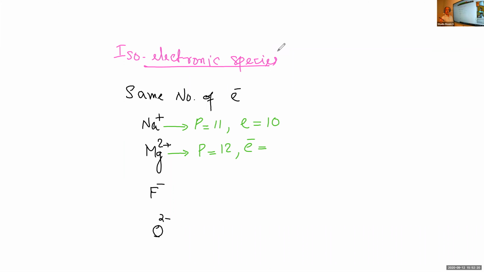When 1 electron is removed, +1; 2 electrons removed, +2; 3 electrons removed, +3, like that.